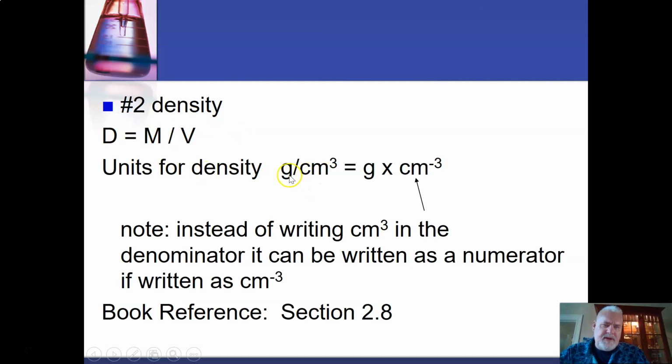The units that they're going to use on the American Chemical Society test, they'll write gram times cm to the minus 3. So this is important to note that instead of putting cm in the denominator, you can write it in the numerator as cm minus 3, something that we do in AP chemistry all the time.